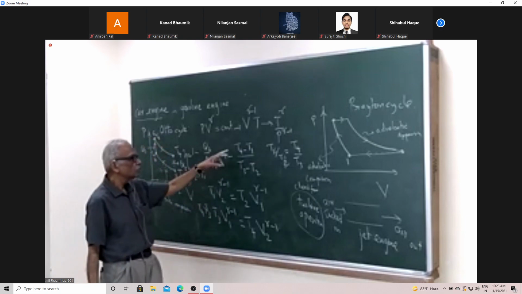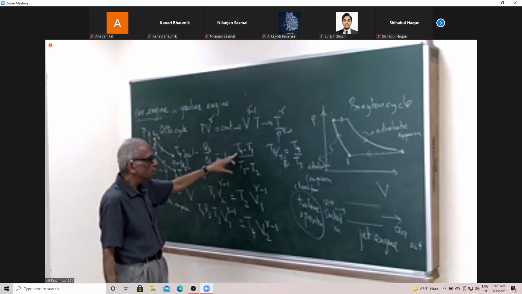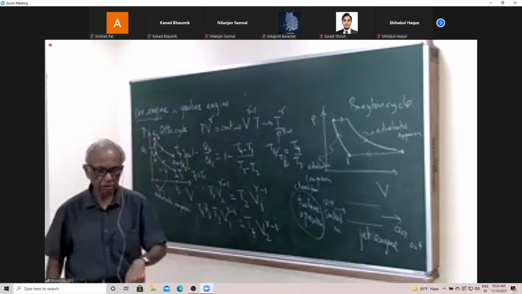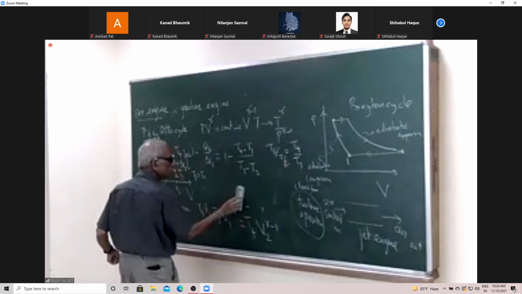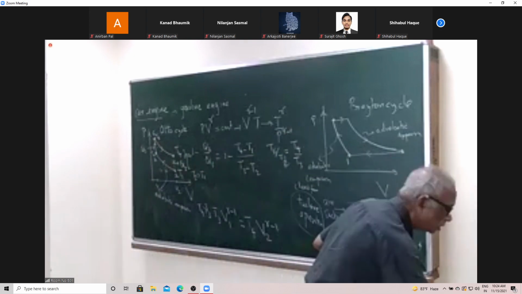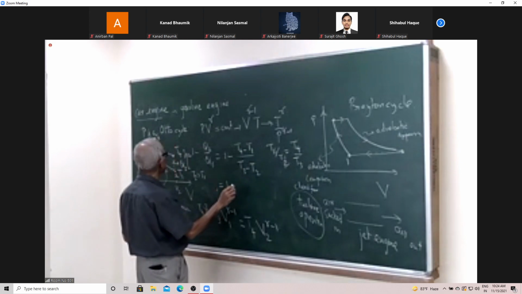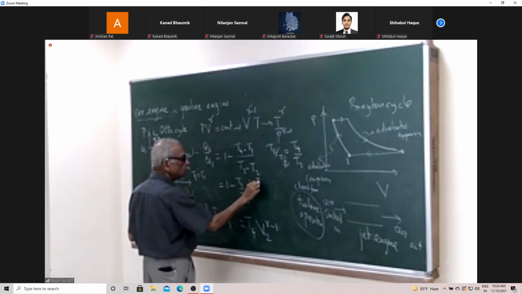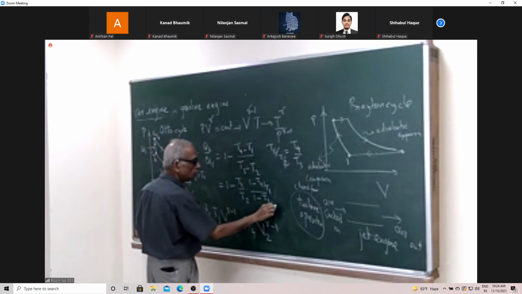And now I want to write this in terms of, I take out a T1. So this is equal to 1 minus T1 by T2 into 1 minus T4 over T1 by 1 minus T3 over T2.